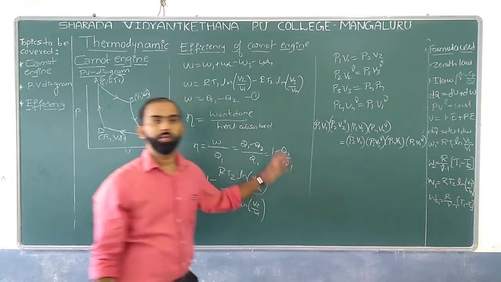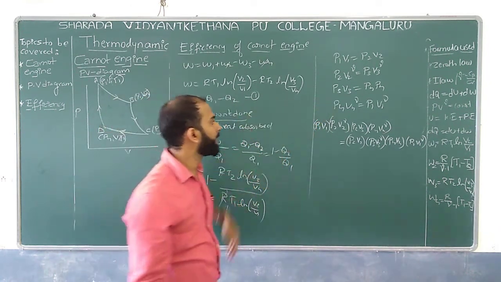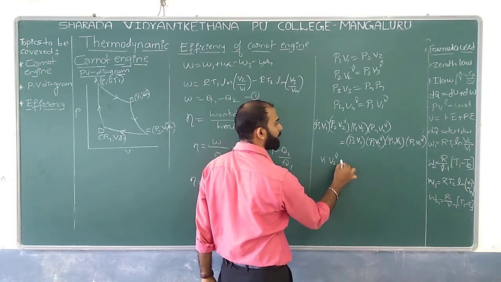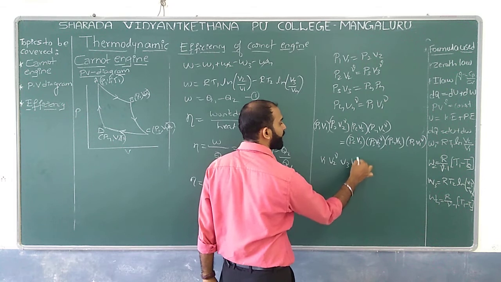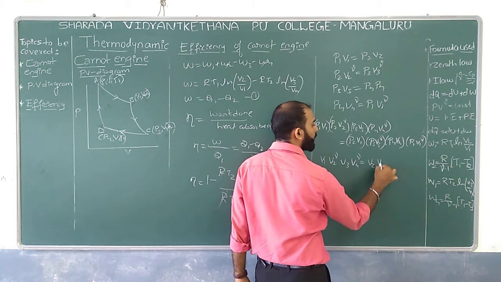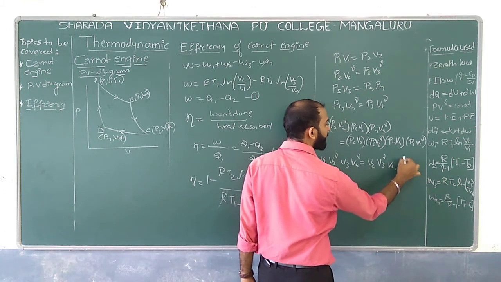Are you getting it? All the P's will get cancelled. What is remaining over here is V1 V2 gamma, V3 V4 gamma, which is equal to V2 V3 gamma, V4 V1 gamma.